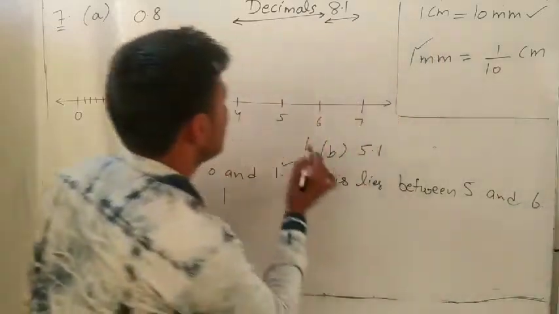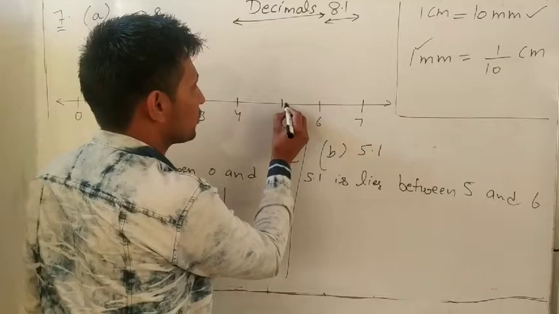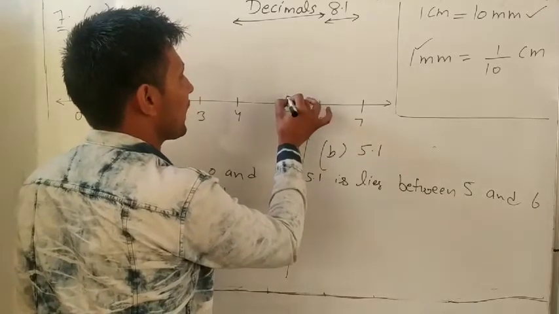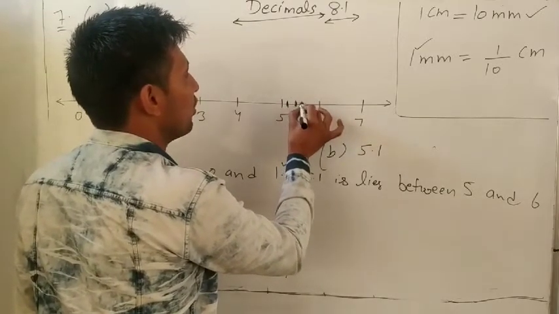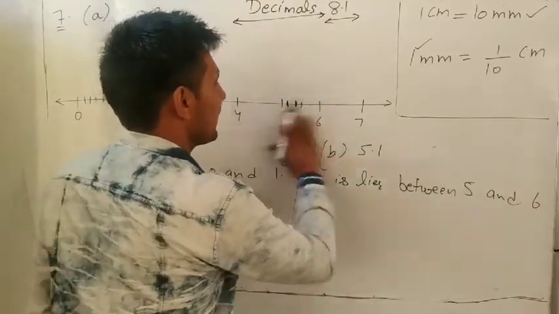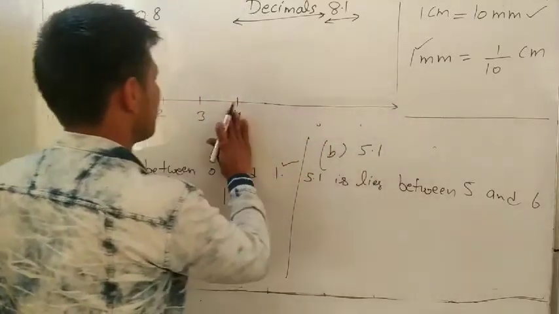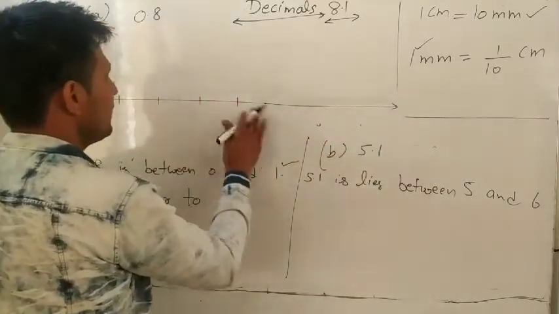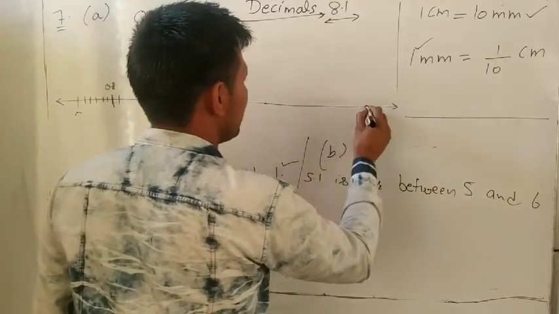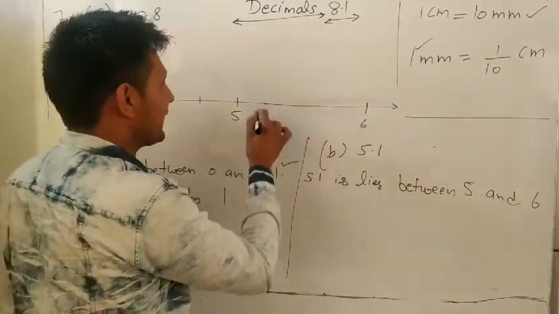Yes, it is between 5 and 6. And now we know after 5 we divide into 10 equal parts. So 5.1, 5.2, 5.3, 5.4, 5.6, 5.7, like this one. Because there is a space problem, you can write like this. It is 5 and it is 6. And everyone knows between these we are dividing into 10 equal parts.